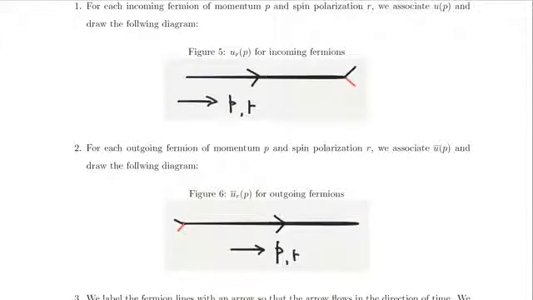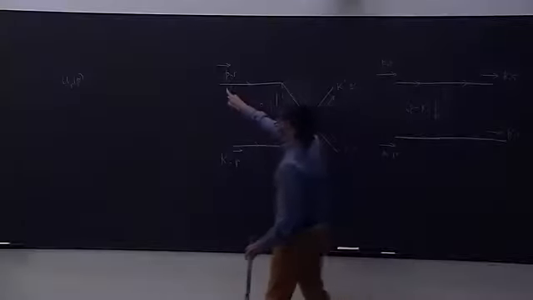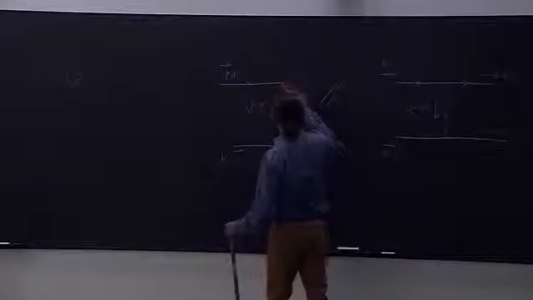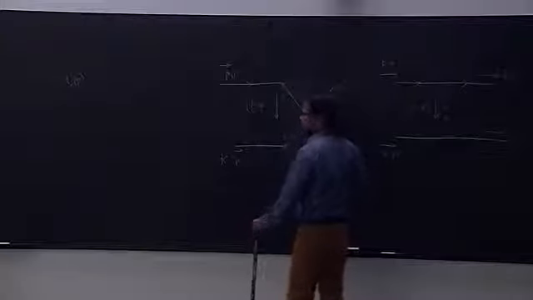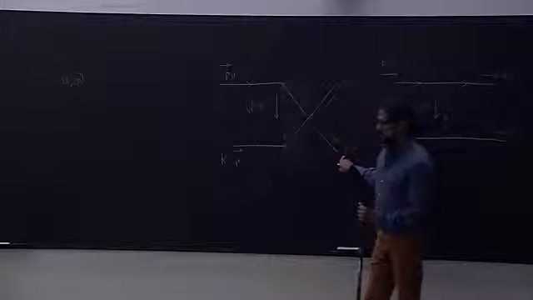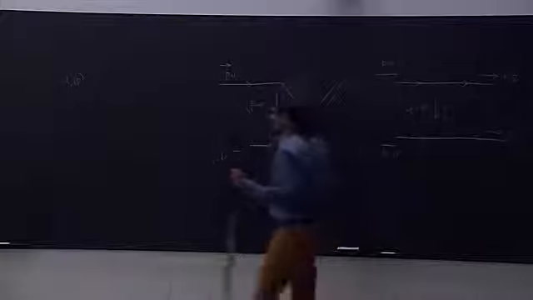For this kind of diagram, we write u bar of P, R. Sorry, there should be an R prime here. And over here, the particle came in, and this particle came out. So there should be a u bar for this guy, right?